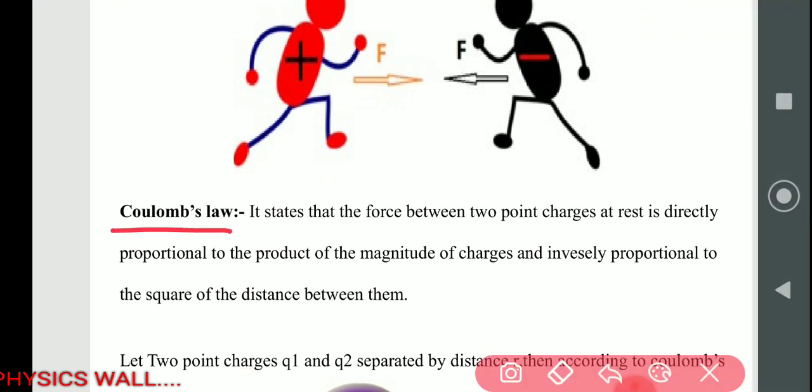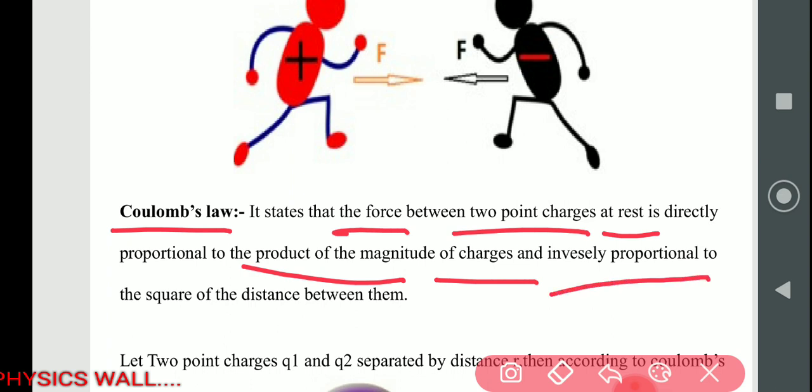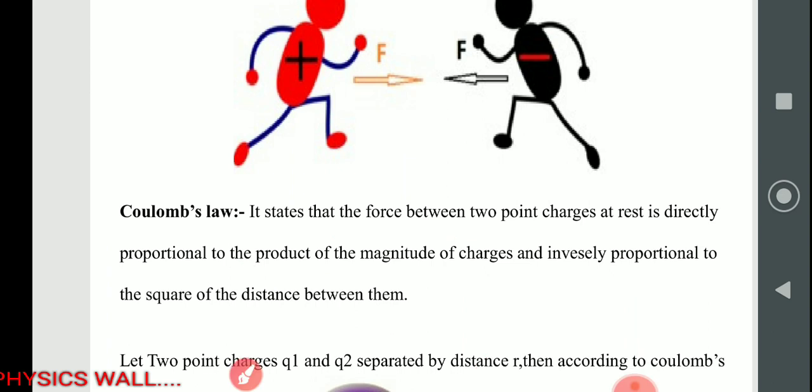Coulomb's law states that the force between two point charges at rest is directly proportional to the product of the magnitude of charges and inversely proportional to the square of the distance between them.